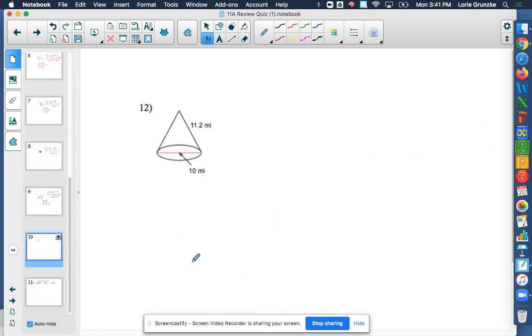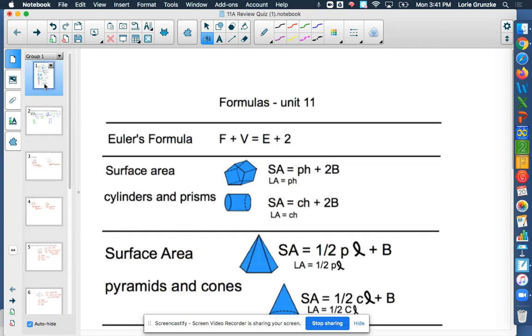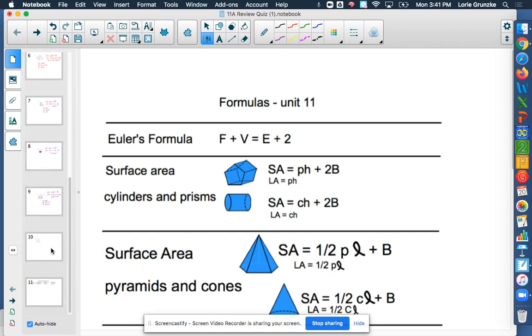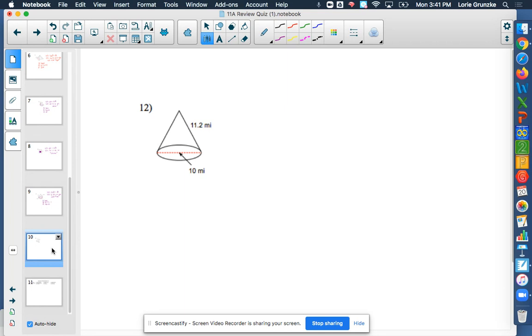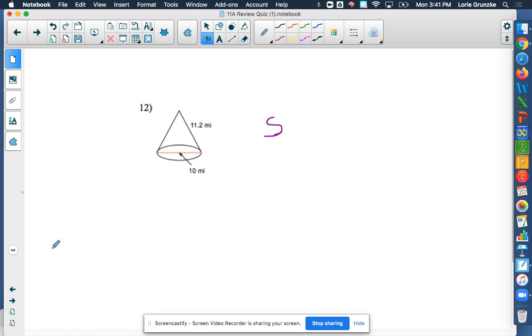A cone. So we look up here, and I'm realizing I didn't have a cylinder on here. I wish I did, but I didn't. But here's our cone, 1/2 CL plus B. Surface area equals 1/2 CL plus B. A half is a half.